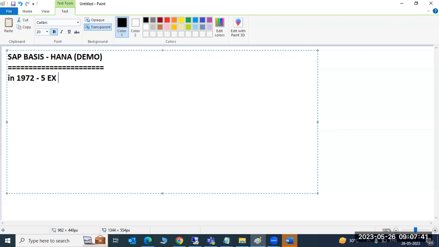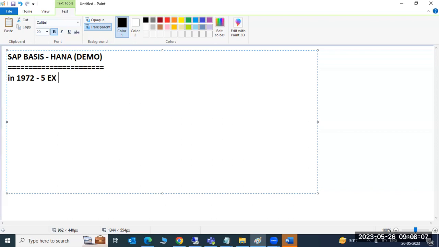Since then, yearly, they have been innovating and changing the code, hardware and software. Now we have S/4HANA and HANA databases, and SAP has also released BTP and some cloud products. See how they started in 1972, and till date, 2023.